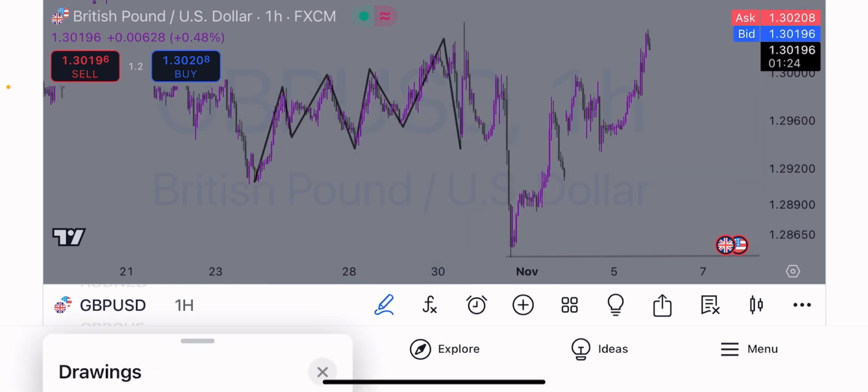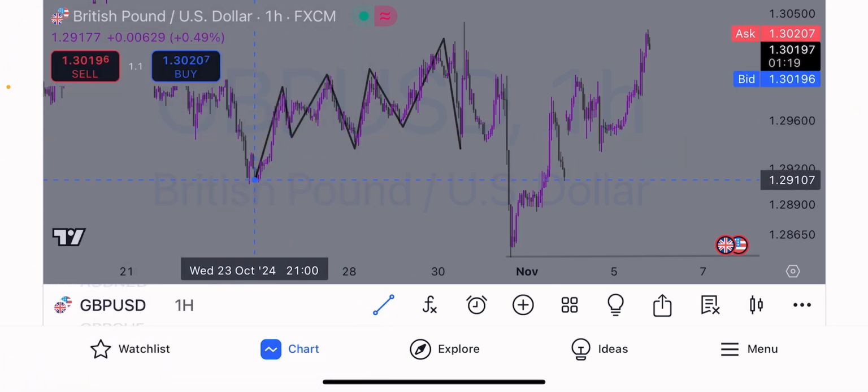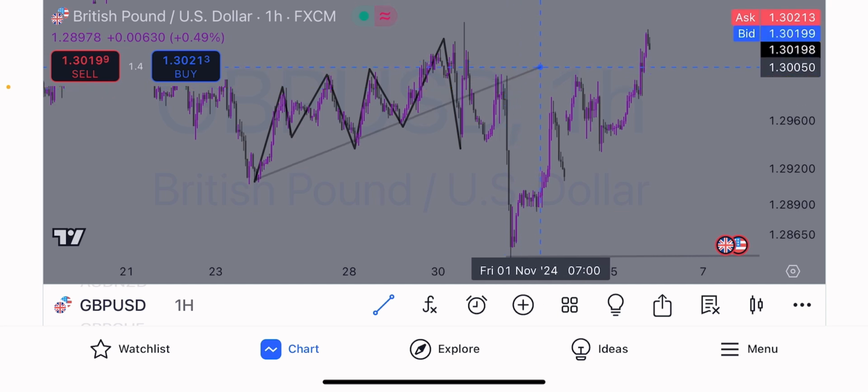Now, when you're using your trend line tool, you start from this place, and you see we're able to mark out just two higher lows, right?